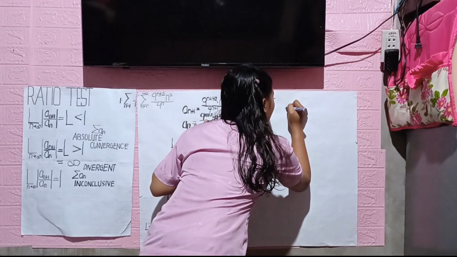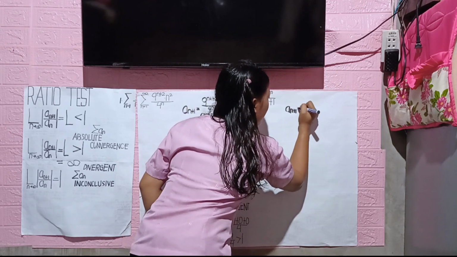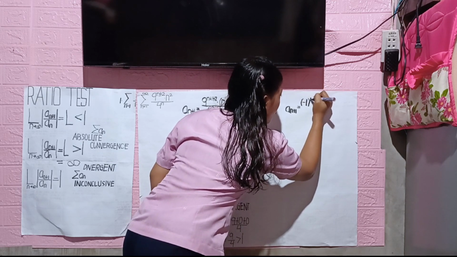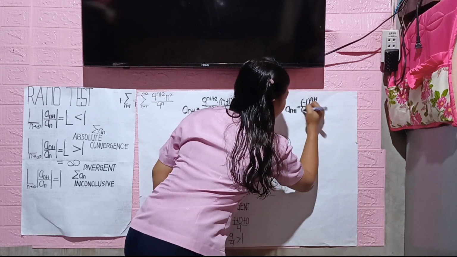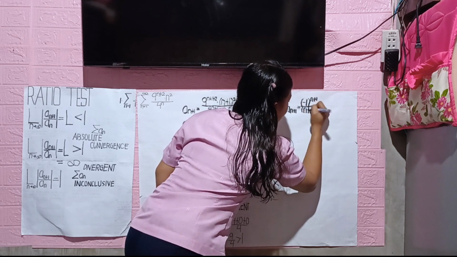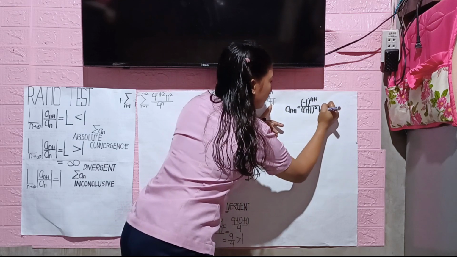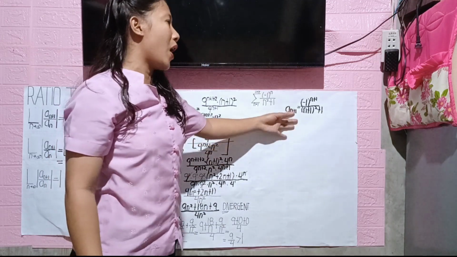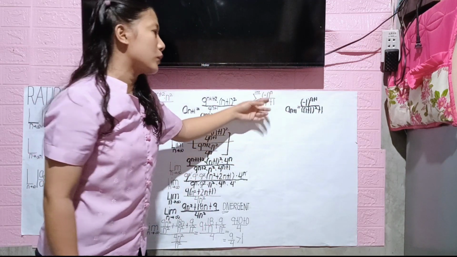So, we are going to find a sub n plus 1. So, negative 1 raised to n plus 1 over n plus 1 squared plus 1. So, here in our a sub n plus 1, the n here in our series will become n plus 1.